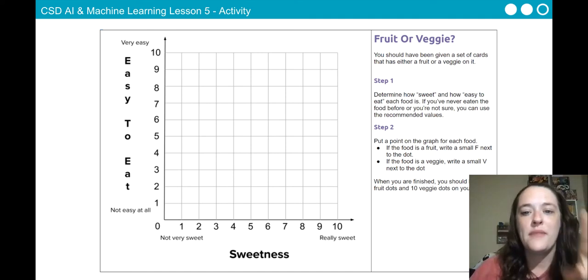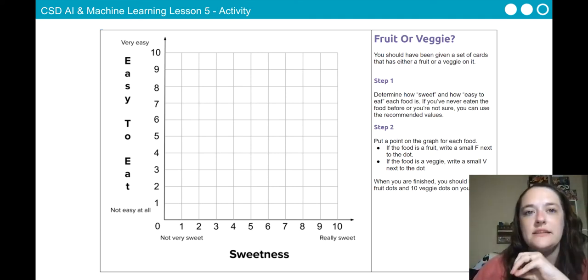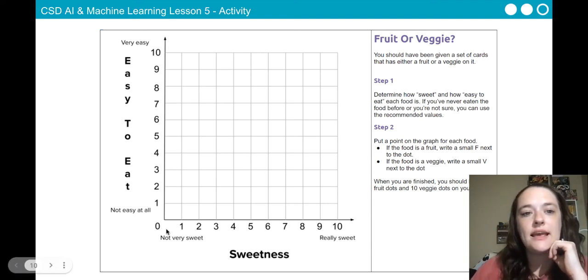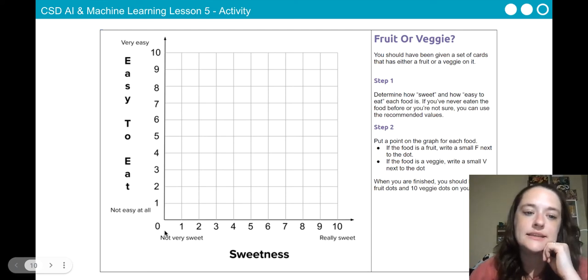Now, you're making a graph here, and so you can actually connect this back to skills that you learn in whatever math class you take. The sweetness is the x-axis, and the easy to eat is the y-axis.